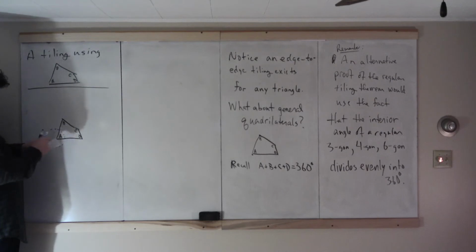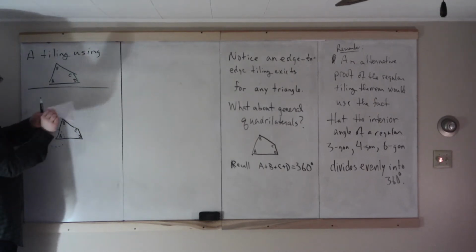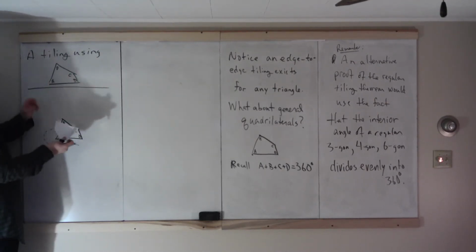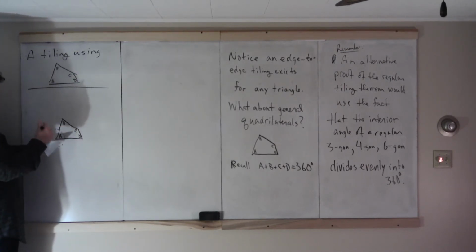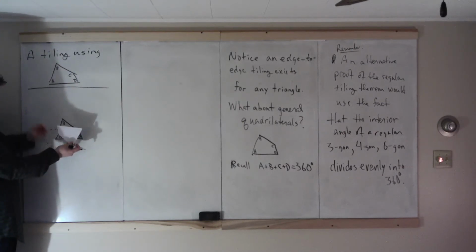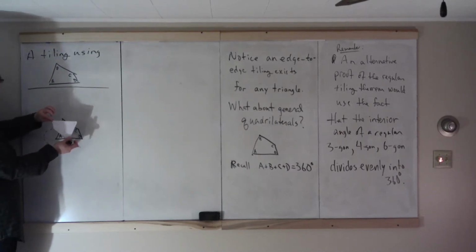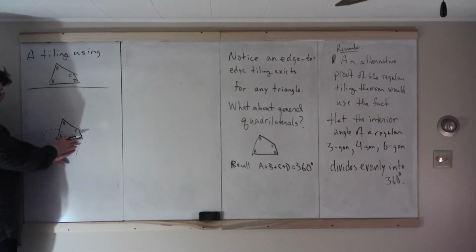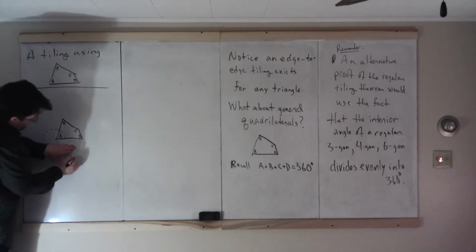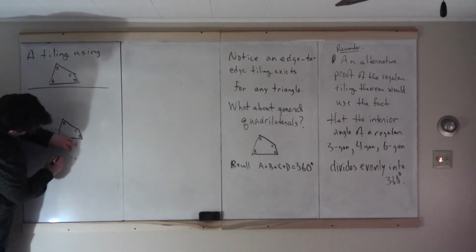So what we can do, I marked these angles for a reason. I want side AD to be down here, but I also don't want another angle A over here, so I want an angle D. This one right here is angle D. If I put that there like that, well then angle D is going to be here.